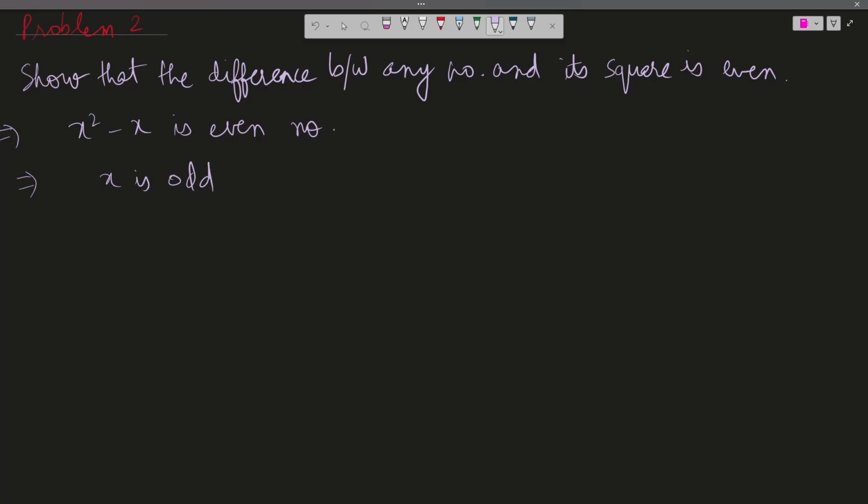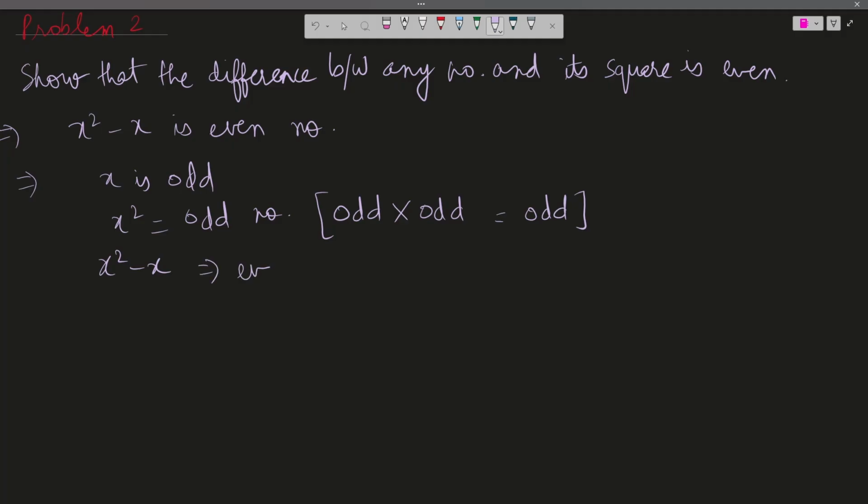If x is odd, then x square will also be an odd number, as odd multiplied by odd will give us odd only, right? So x square minus x, that means odd number minus odd number, will be an even number.